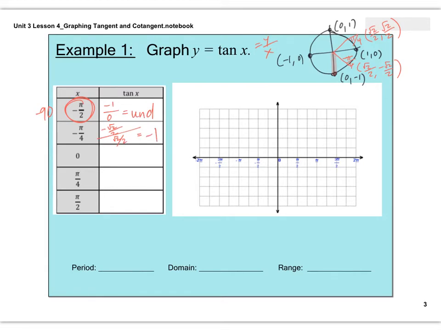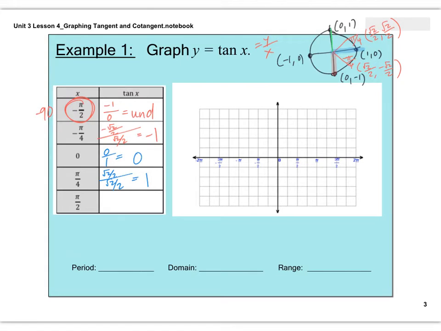At 0, let me just highlight it right here. Think about y over x. It's going to be 0 over 1, which is 0. And at positive pi over 4, we have root 2 over 2 over root 2 over 2, if we do y over x, which is 1. And then at pi over 2, which is straight up, that's the same as 90 degrees.